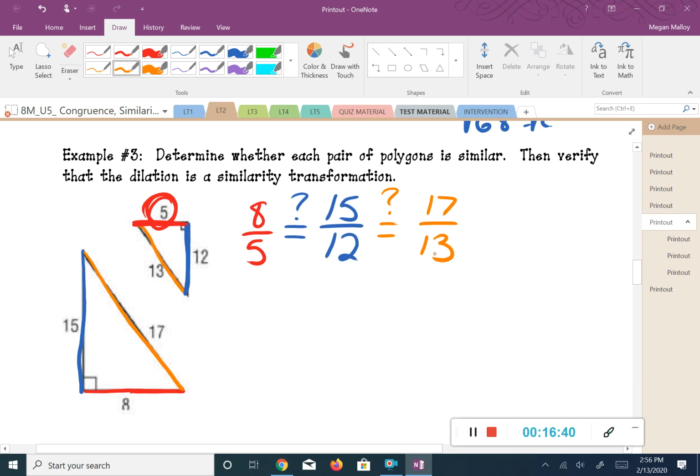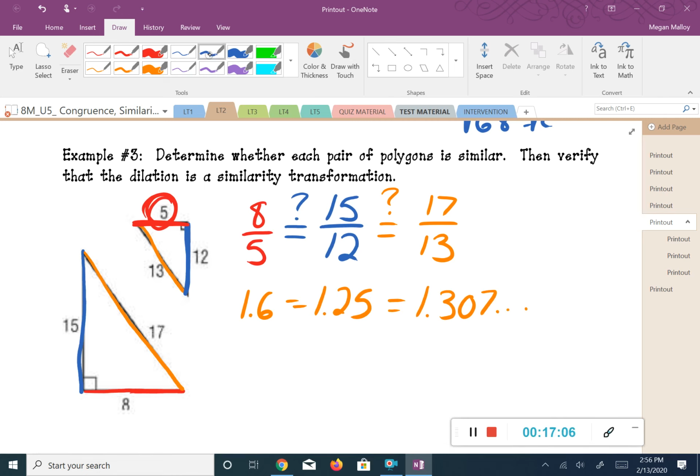So if we divide 8 divided by 5, we get about 1.6. And then if we take 15 divided by 12, we would say that is about 1.25. And then 17 divided by 13, you get 1.307, and it goes on.